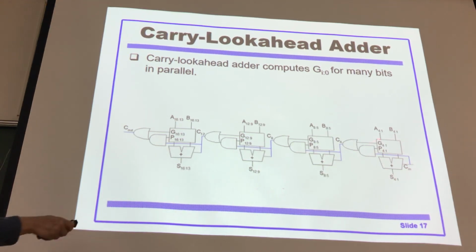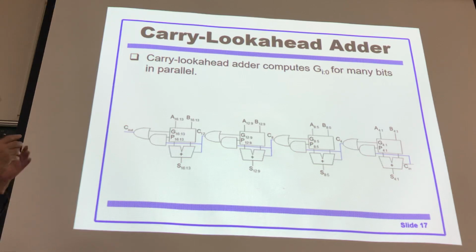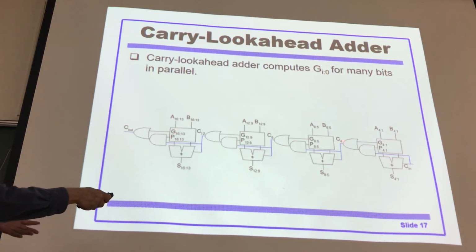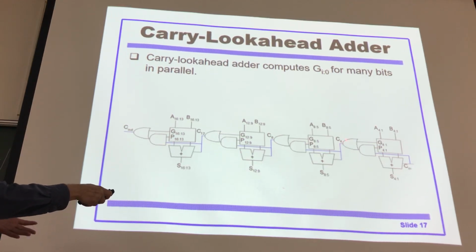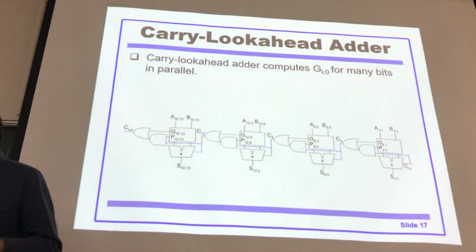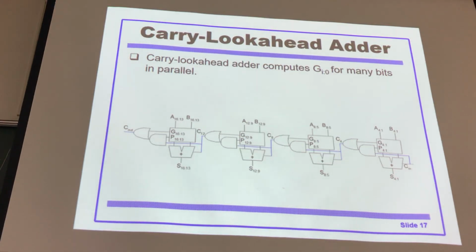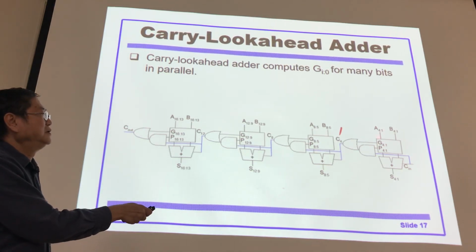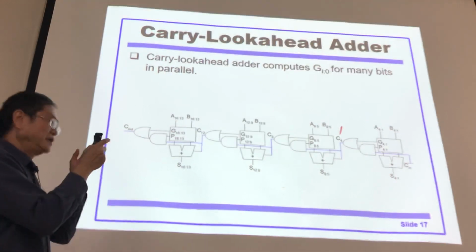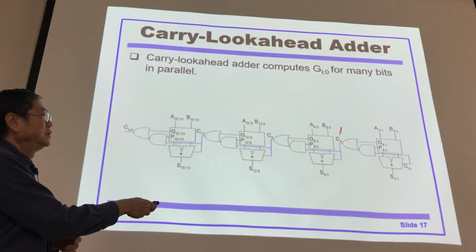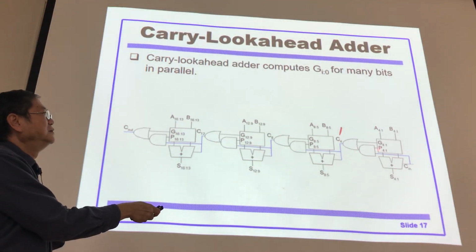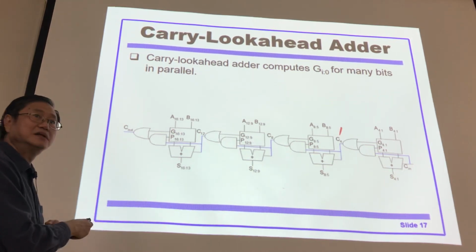And this circuit is just like a multiplexer because how can you get a carry out 1? C4 is 1. How do you get 1 here? Either you can carry generate, right? This 4 bit by itself can generate carry out, or you can propagate and the carry in is 1, right?